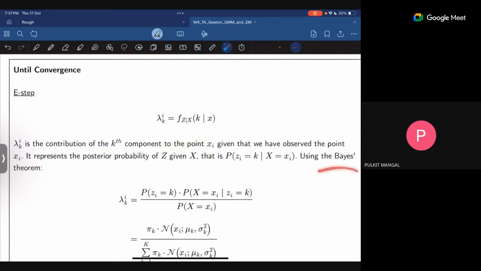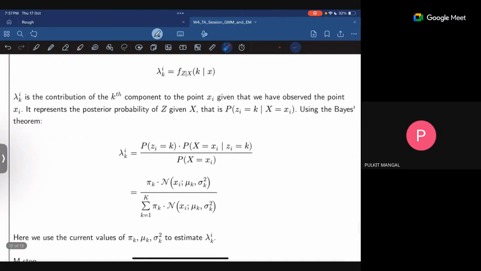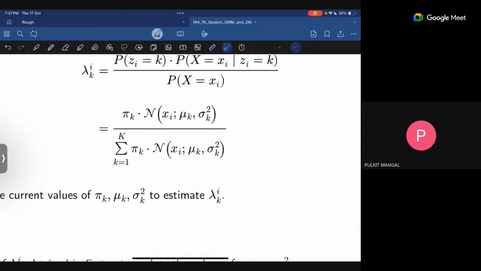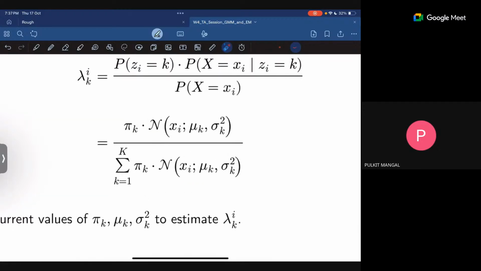And again the Bayes theorem, we have seen this multiple times. This lambda ik is the prior probability times the normal, divided by the density of the GMM, and in other words we can write it like this. So this conditional probability that we have seen before is denoted by lambda ik.